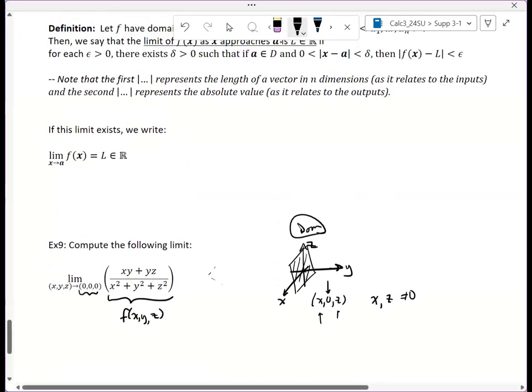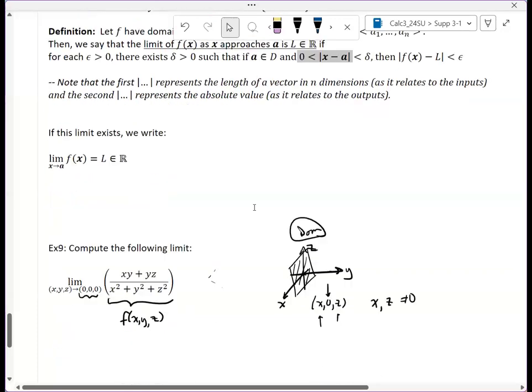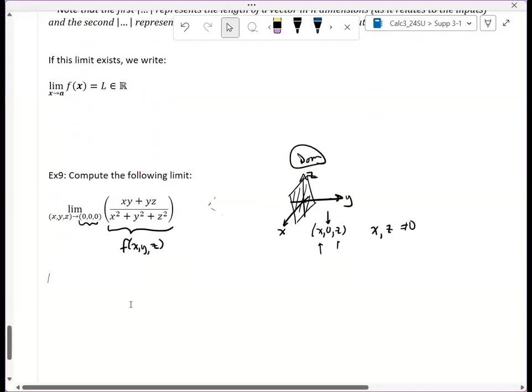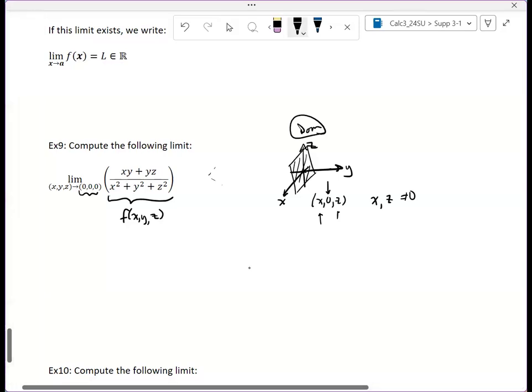An important criterion with all of these limits is that our distance away from the limiting point is positive. We're not at the limiting point. So it's kind of like a disk with a hole in the middle. It's a very important point, both in Calc 1 and in our discussions here.